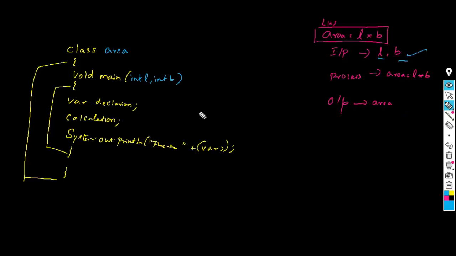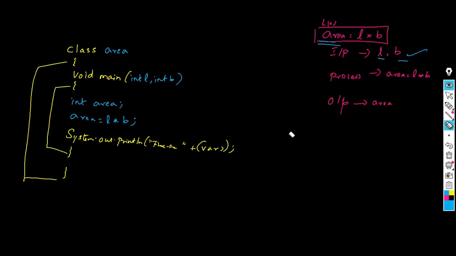So this is done. After that, I have to declare a variable. What is the new variable that I've got here? Area. So I'm declaring the variable. So I just declare it as int area. Okay. Now I have to do the calculation. So doing the calculation, area is equal to length into breadth semicolon.